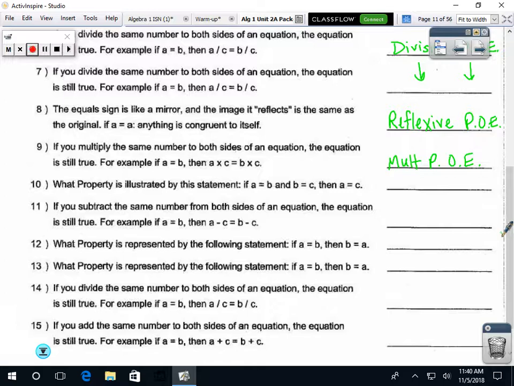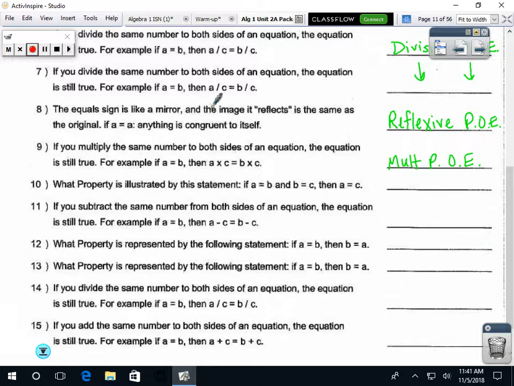Hold on, I'm letting people catch up on writing. What? I literally just now got it 2 seconds ago.